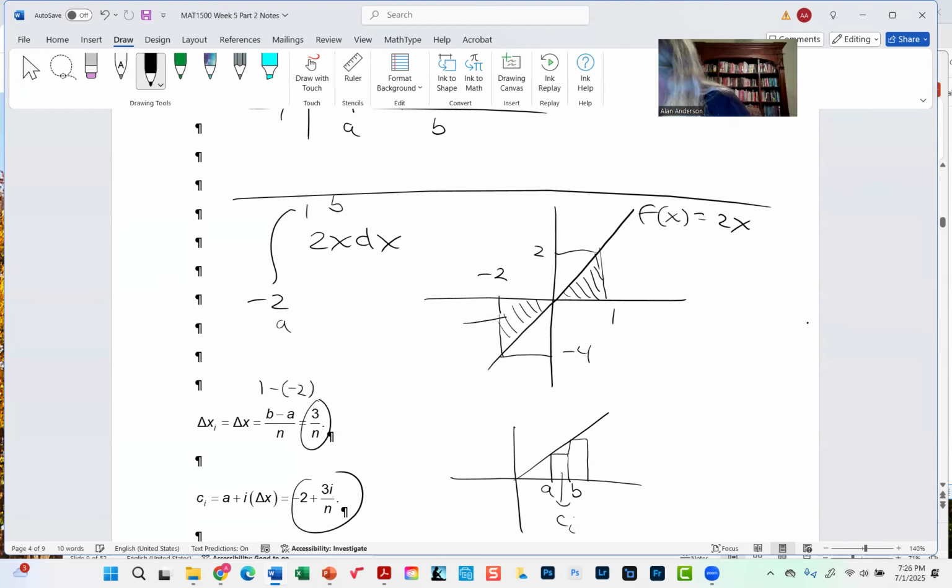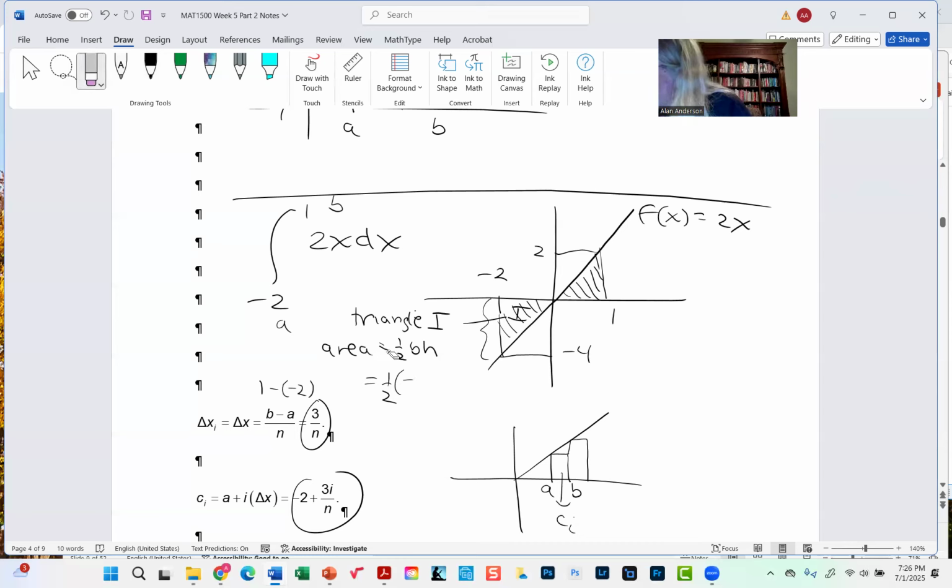we'll call this triangle 1. The area is 1/2 of the base times the height. Oh, sorry, the base, I got it backwards.